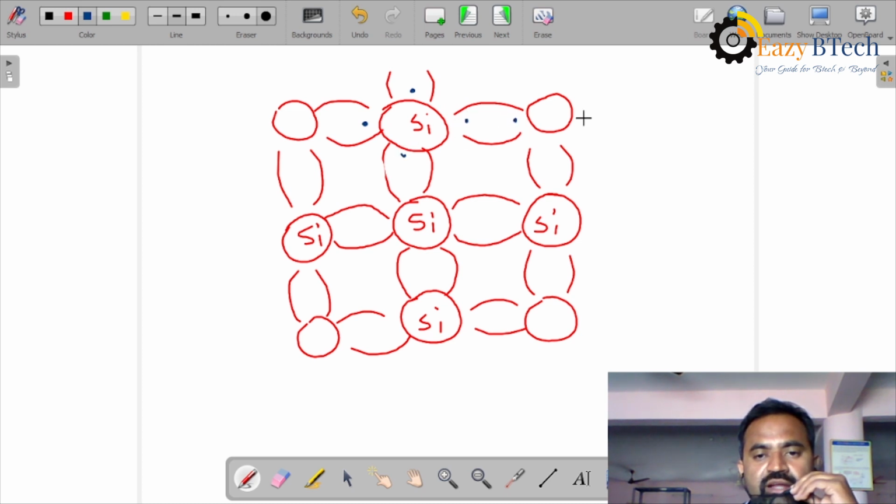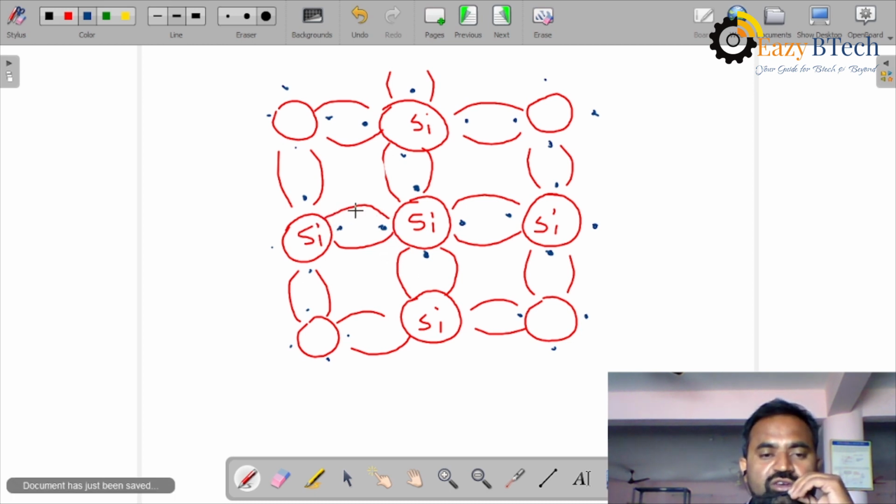All silicon atoms have 4 valency electrons. Now you can see, sharing of electrons between the two atoms is known as a covalent bond.